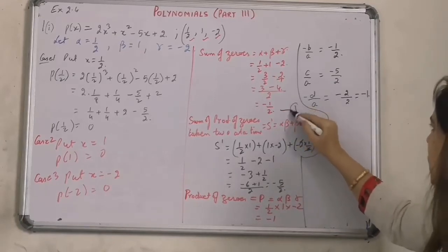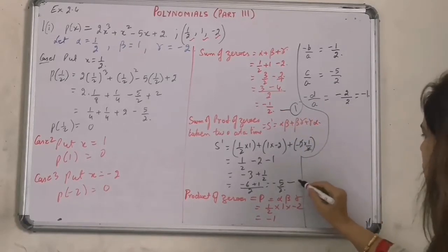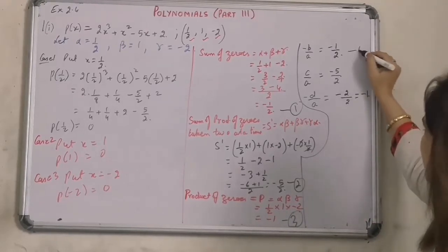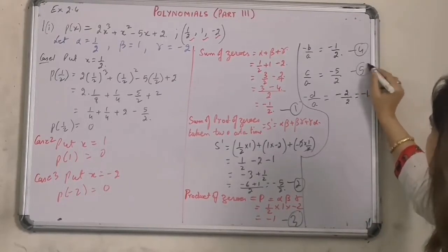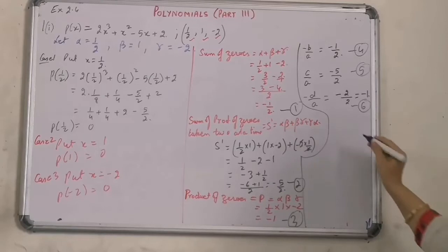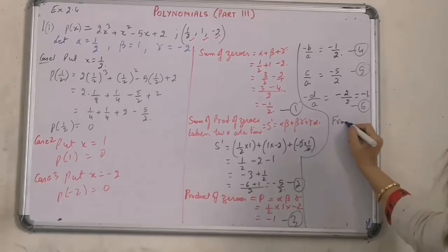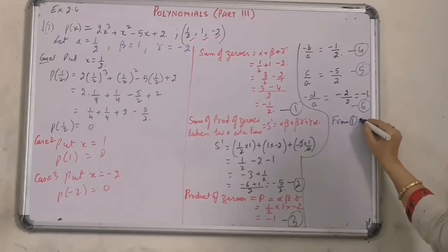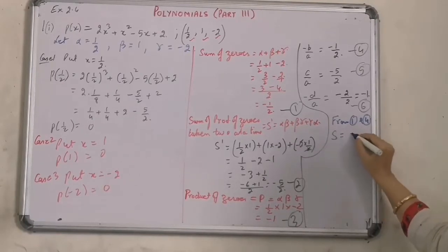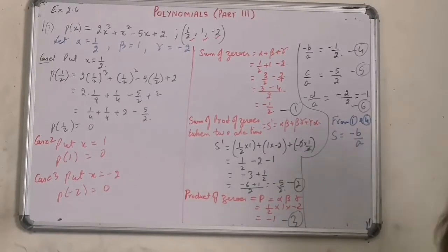Now compare the 1, 2, 3 results with results number 4, 5 and 6. What do we get? So our first result is from 1 and 4. The sum of the zeros is equal to minus b upon a.